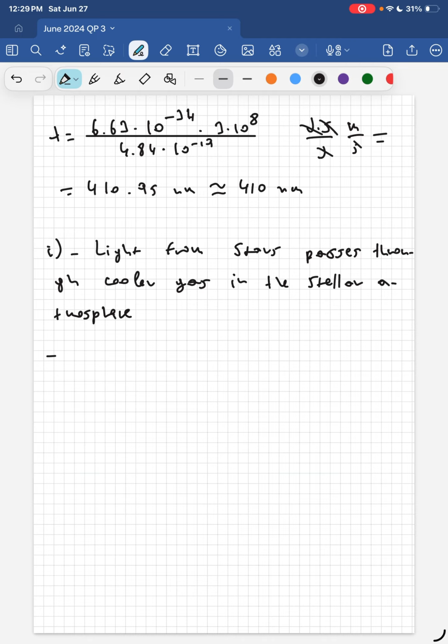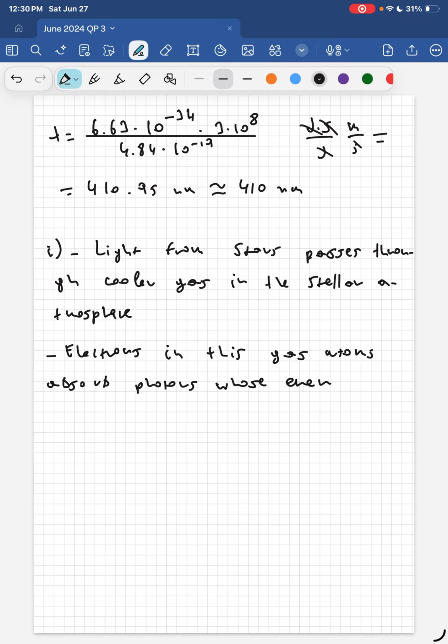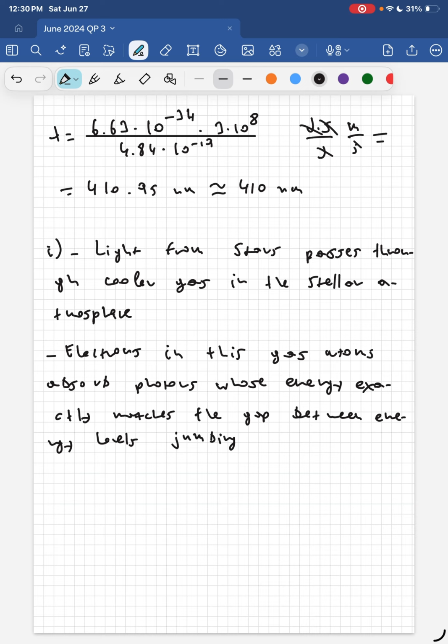That's the first thing. So electrons in these gas atoms absorb photons whose energy exactly matches the gap between energy levels, okay, jumping to higher levels, okay.